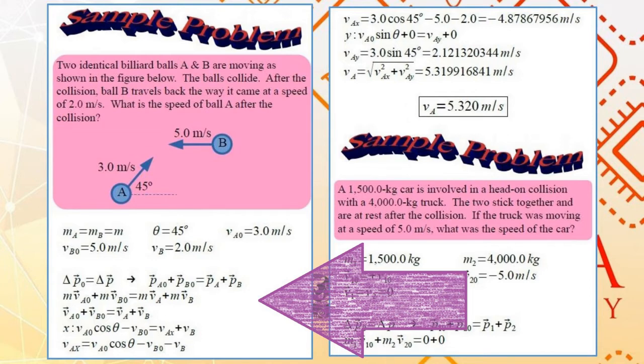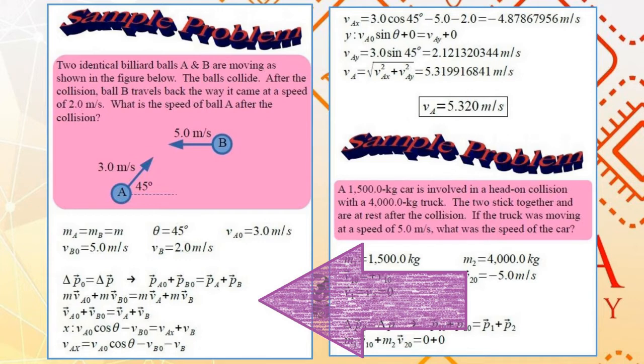We can cancel out mass, giving us VA initial plus VB initial is equal to VA plus VB. Now, these are vector quantities, so we need to use our component method to analyze the equation further.